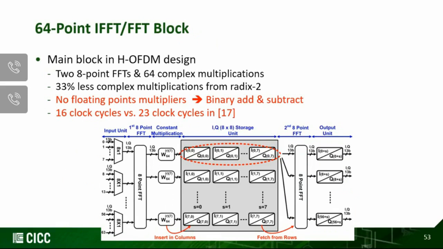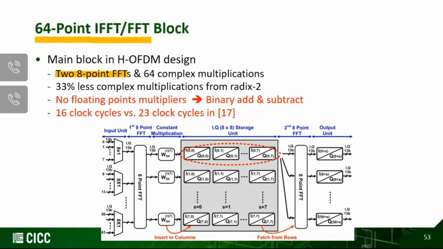One of the important blocks in the hybrid OFDM is that you have to actually generate the baseband OFDM signal. And the most power consuming block will be the IFFT and FFT block in the modulator and demodulator. So here, instead of using a 64-point IFFT and FFT at once, we can combine two 8-point FFTs and 64 complex multiplications together.